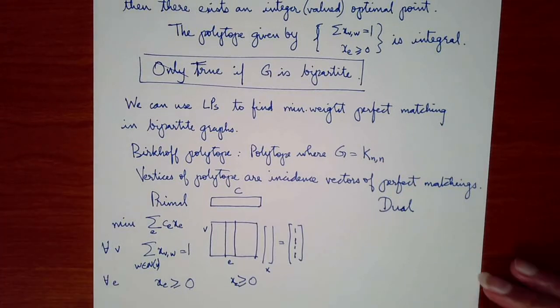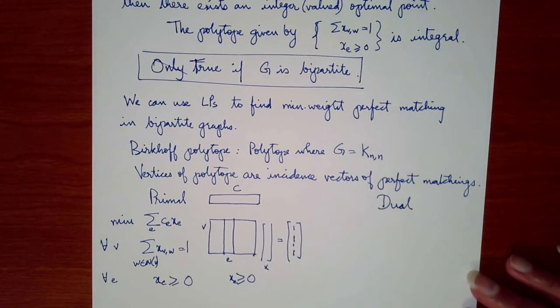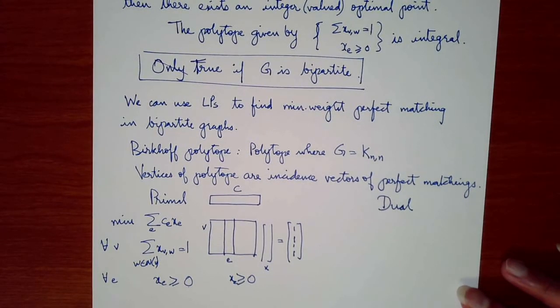Any guesses? Each row should only have one, and the others are zeros. Sorry, say it again. Each row will have only one coordinate which is 1, and all the others are 0. Why do you say that?